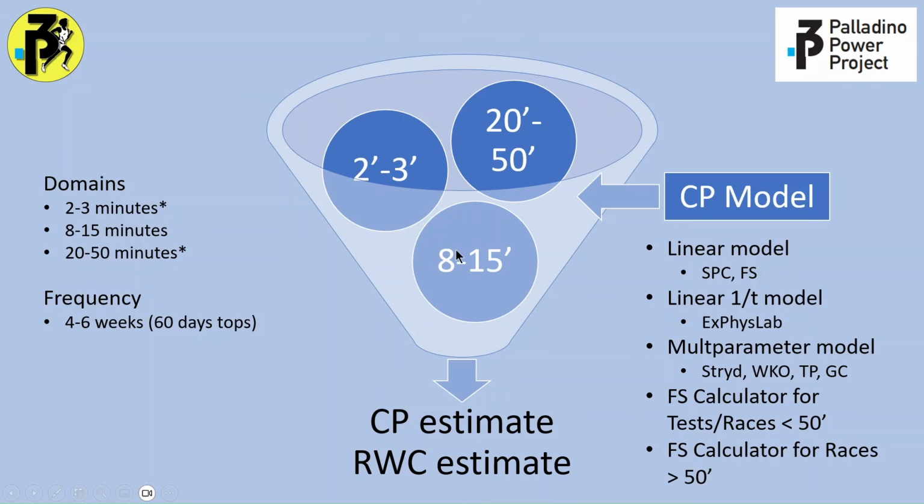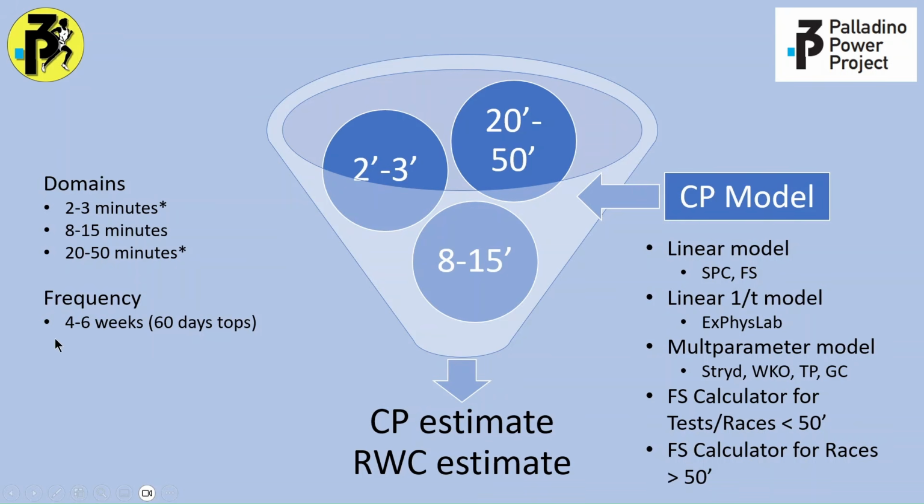Ideally, you want all three of these domains represented in the current 90-day database that most of these power duration models operate on. You'd rather have all three represented, because the more maximum effort testings in these domains in that 90-day period, the more accurate your CP estimate will be in most cases.